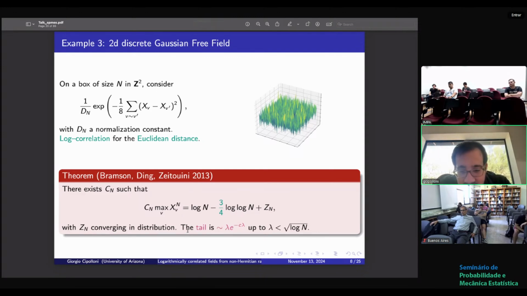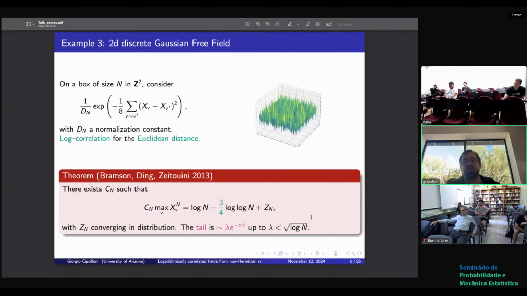And in particular, they showed in this result that the limiting distribution of Z_n has the following tail behavior for certain values of lambda. It behaves like an exponential times lambda, which shows again the difference with respect to the independent case.